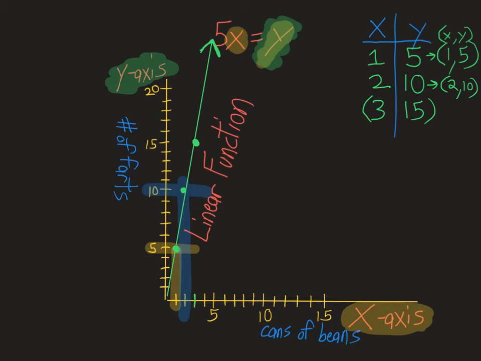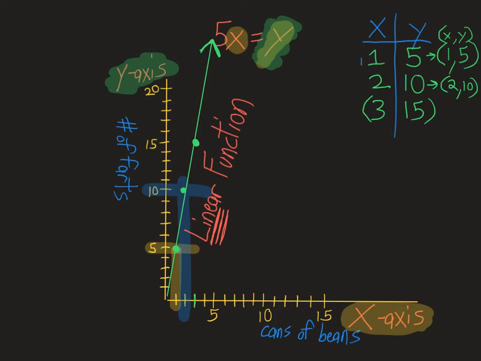Sorry, my screen turned. How about right there? Because the word line is in the word linear. And this type of function makes a straight line when you graph it. That tells us something about the relationship of farts to beans. It's always a straightforward multiple.